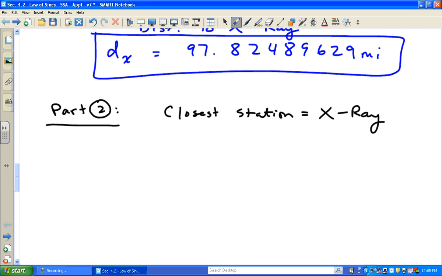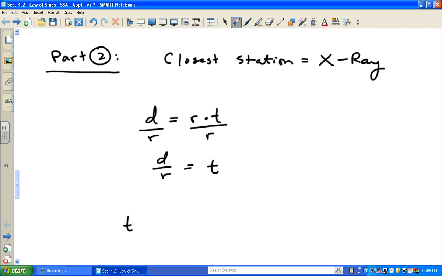Well, what we can do here is we can go back to algebra, and we know the formula d is equal to r times t. In other words, the distance is equal to the rate times the time. And this particular part of the problem is wanting to know how long. So we can solve this equation for t by dividing both sides by r. So we have that t is equal to d over r.